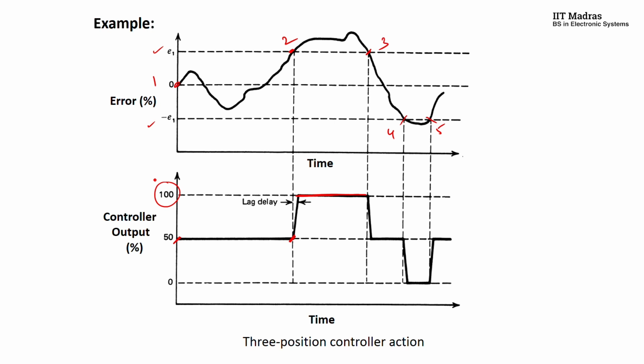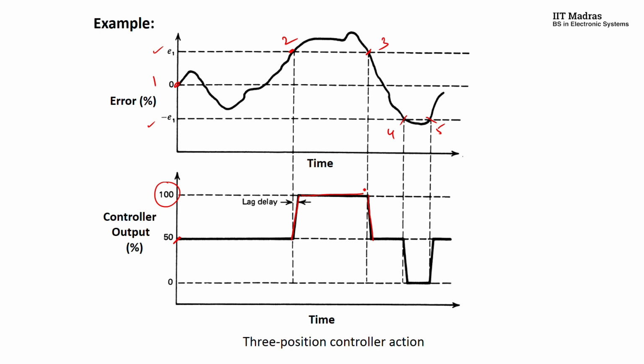Assuming that there is a small lag in the control action, you can show it as a slanted line, a little ramp here. Most practical controllers will have a slight delay, which can be shown as a ramp. They may not respond immediately. So this is the way it is shown here.